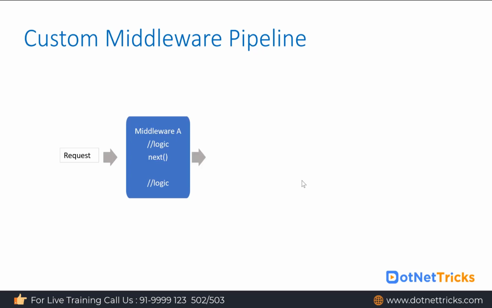Then the next method proceeds the execution of the request to the next middleware, that is middleware B, where again the logic will be executed, and by calling the next method you can move the request execution to middleware C.